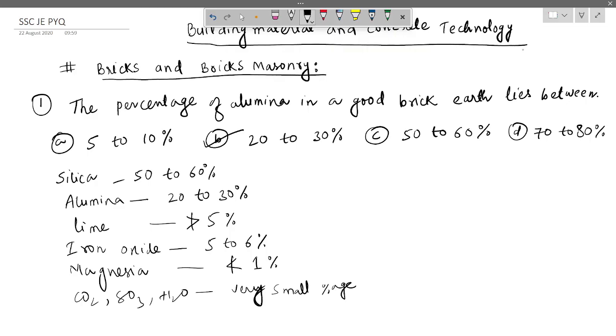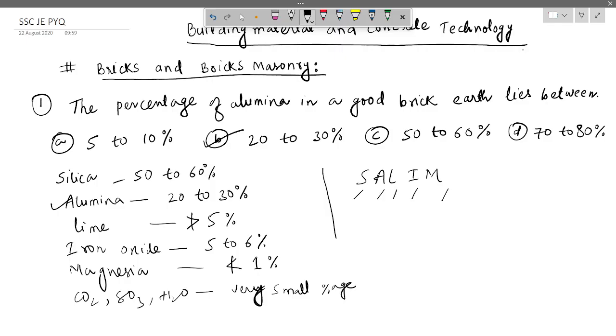So silica will be more than alumina. The question is, how much percentage of alumina is in a good brick? It will be 20 to 30%. And how will we remember the trick? It's called SALIM: S for silica, A for alumina, L for lime, I for iron oxide, M for magnesia. तो सबसे ज़्यादा सिलिका होगा, देन अलुमिना. अलुमिना क्या करता है?